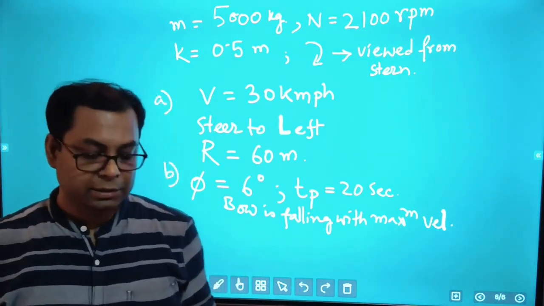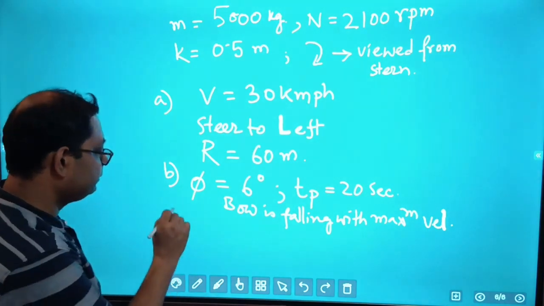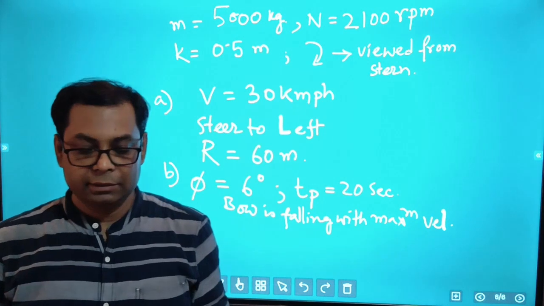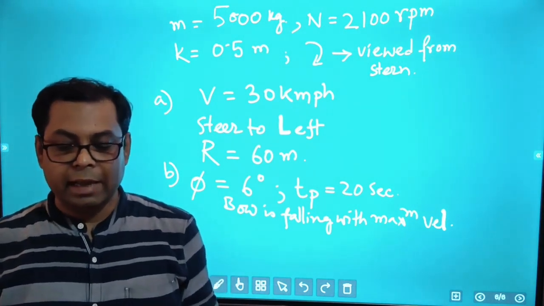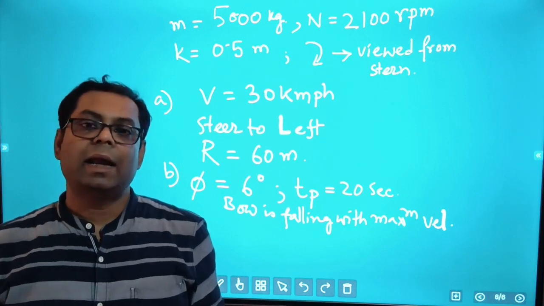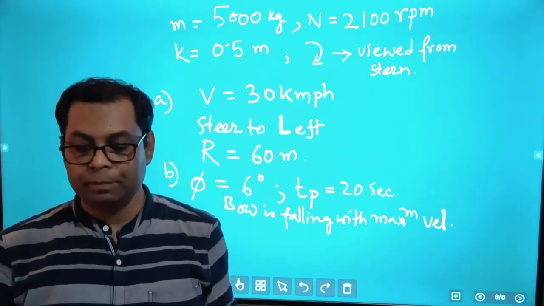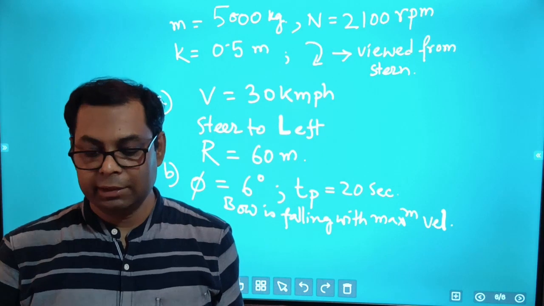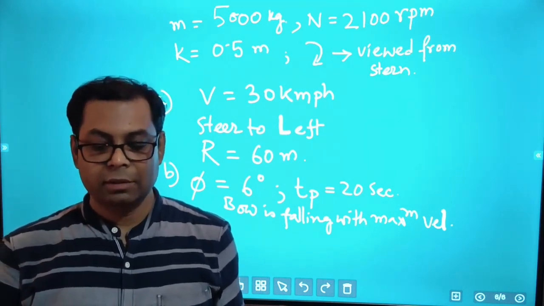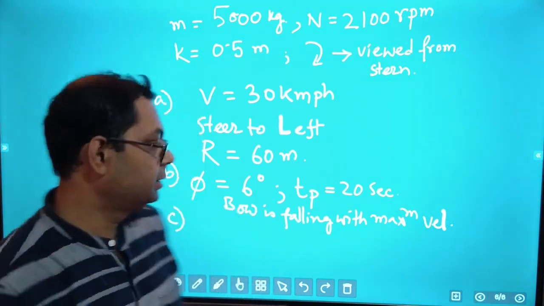And the third part, that is part C. The ship is rolling and at a certain instant it has an angular velocity of 0.03 radian per second clockwise when viewed from the stern.